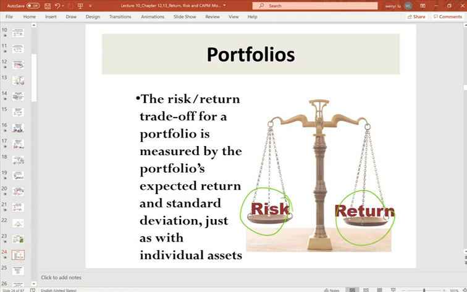That's our goal in studying portfolios. We want to combine different assets into a package, a menu. How can we minimize risk but maximize return at the same time? That's our goal in studying this part.